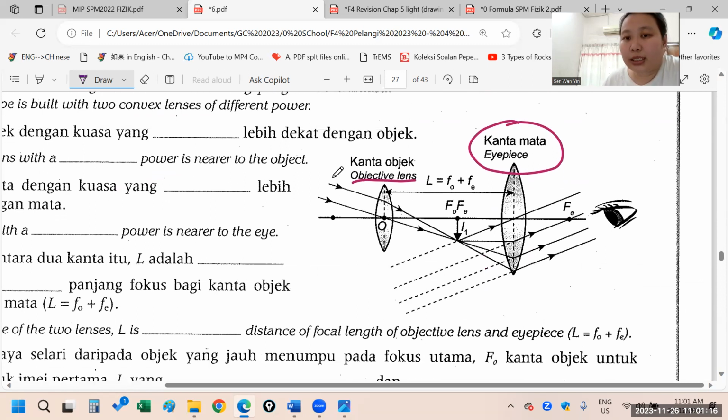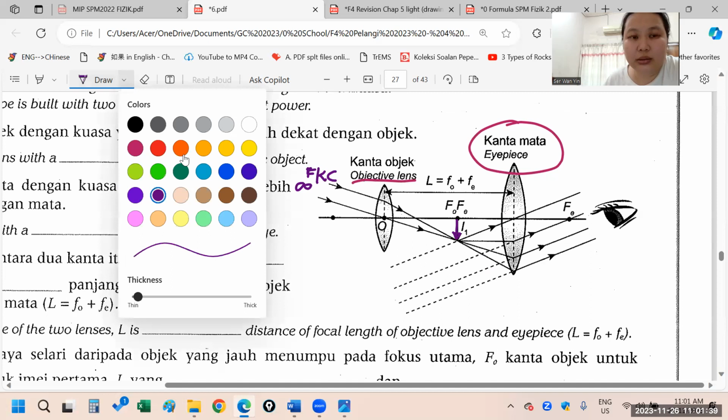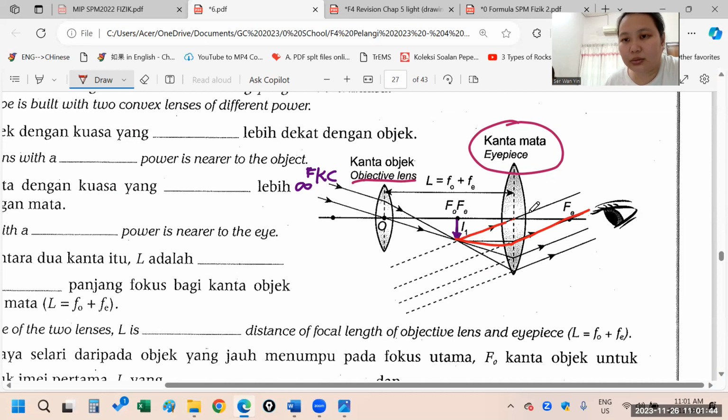Okay, now this one, the objective lens, because we want to see objects far, far away. So we use FKC. So we will get the object under the focus. Then we use KFC. Then we will enlarge the object in infinity.